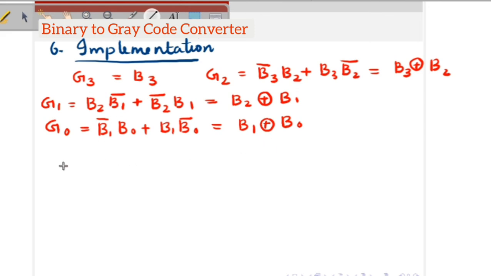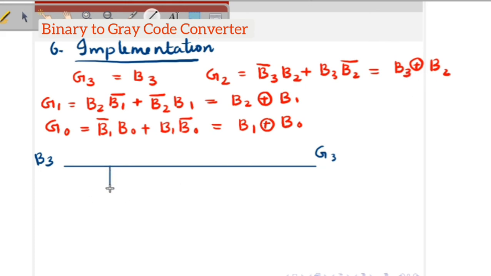So G3 is equal to B3. So G3 is same as that of B3. Next is G2. G2 is equal to B3 XOR B2.